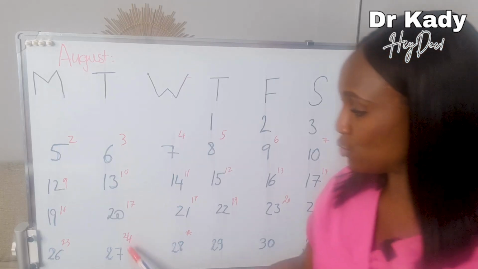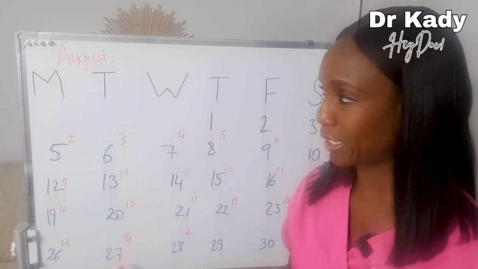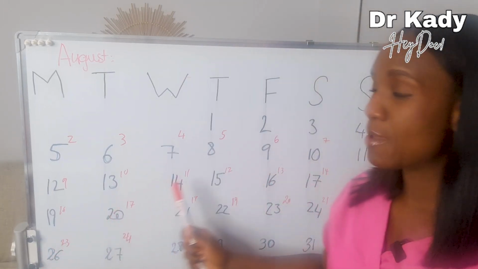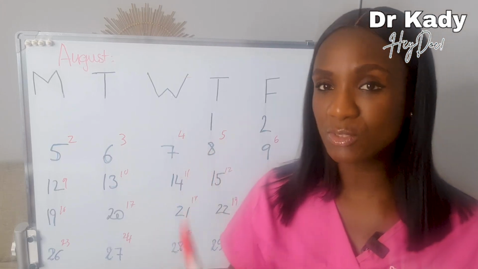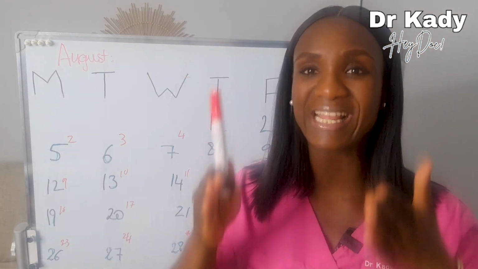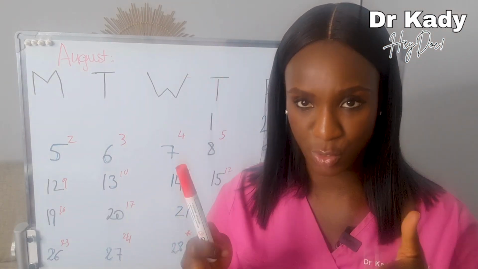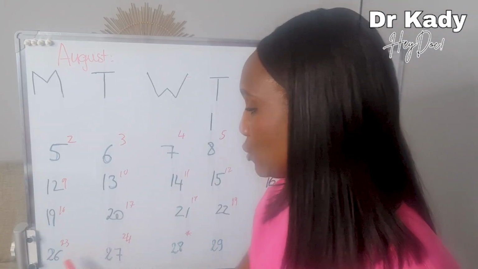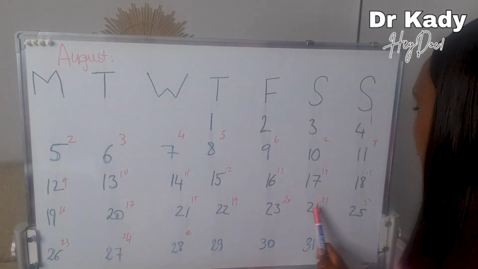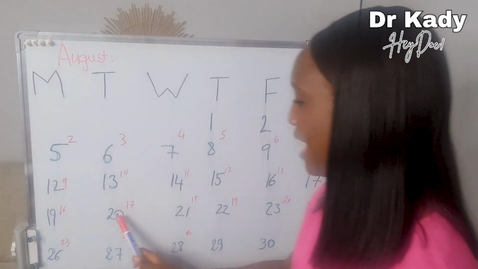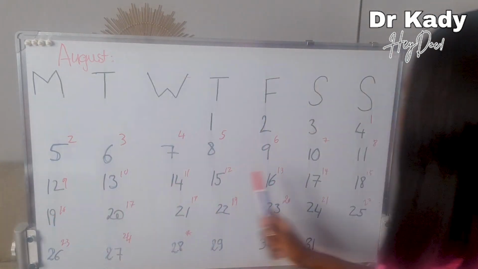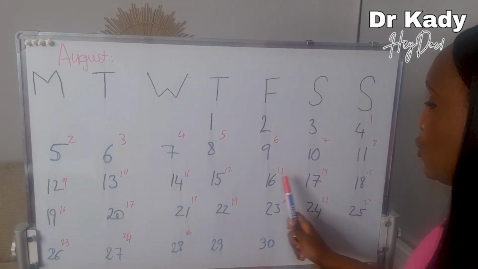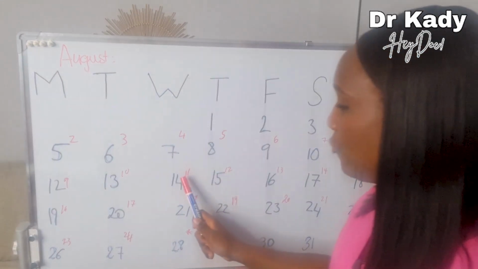So we're going to use the actual date to count 14 days backward to find out the day that ovulation is likely to happen on. So counting backwards, 1, 2, 3, 4, 5, 6, 7, 8, 9, 10, 11, 12, 13, 14.